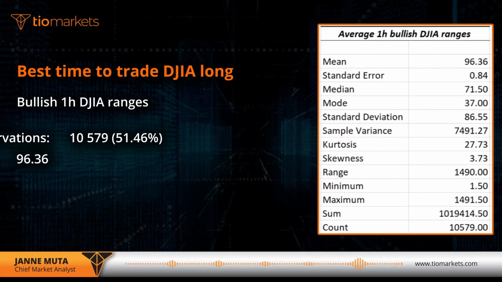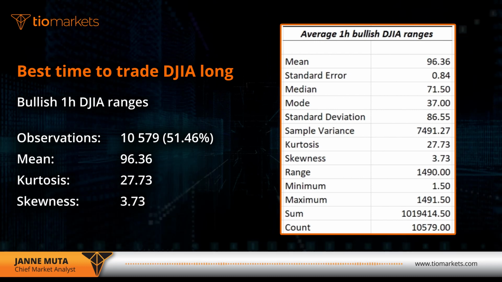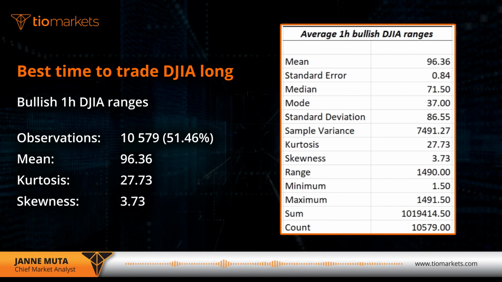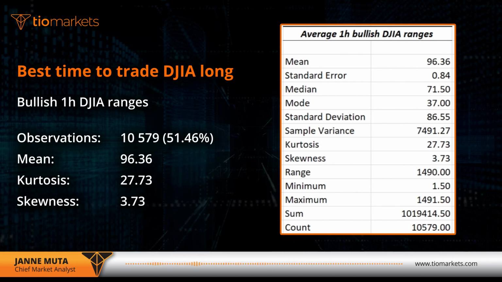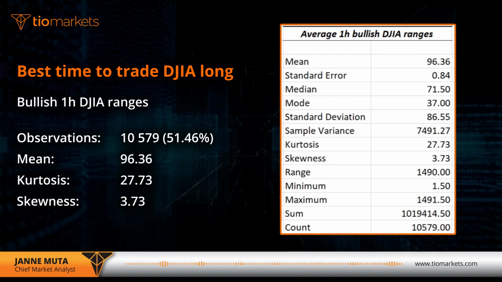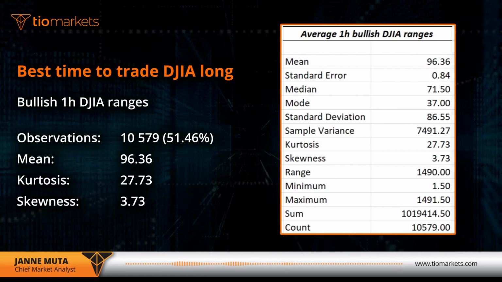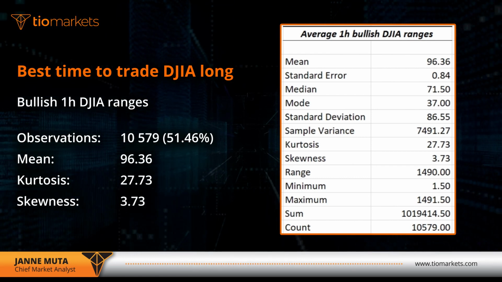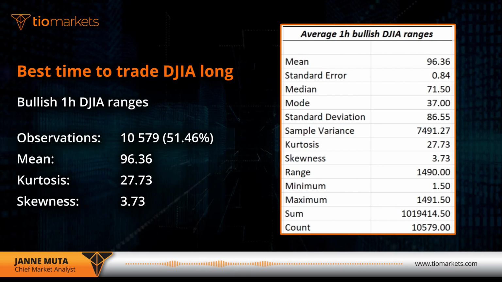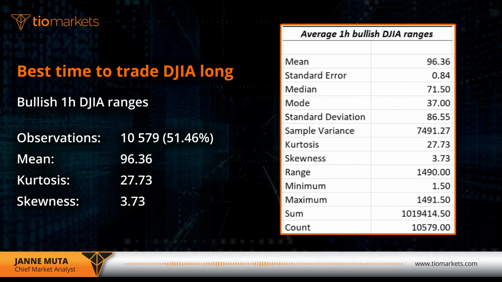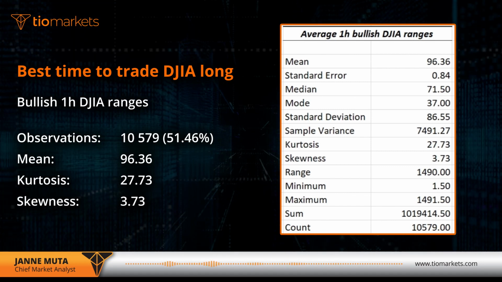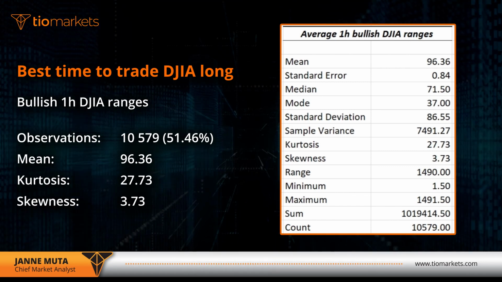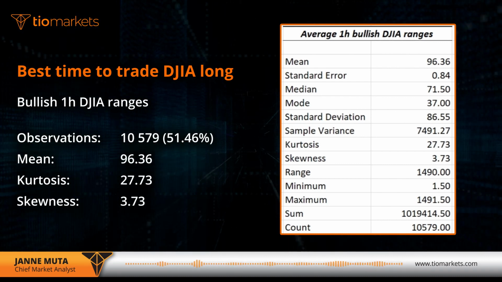Now in this slide I have the average 1 hour bullish Dow Jones ranges. You can already see that the number of observations is much smaller, 10,569, which is about 51% of all the data that we had in this study. It basically tells you that the markets are quite efficient: bearish and bullish periods are evenly distributed throughout the data.